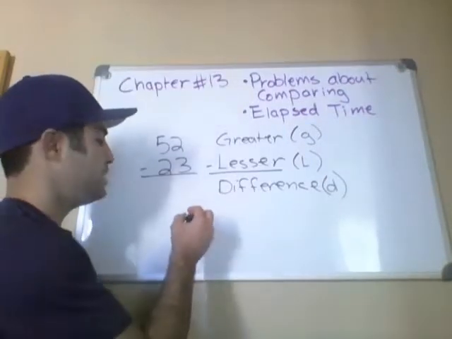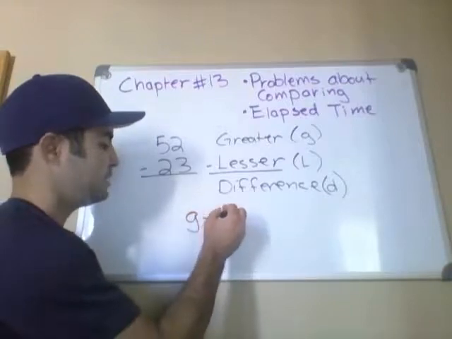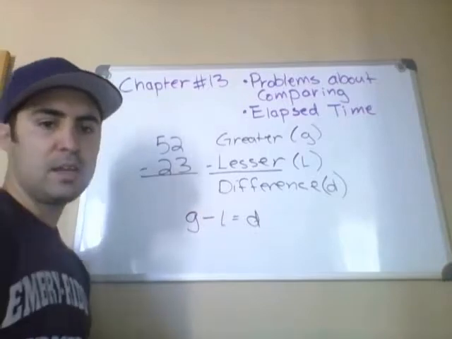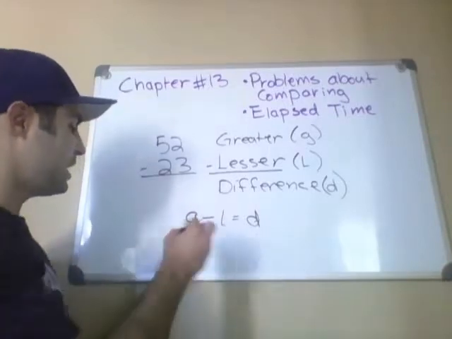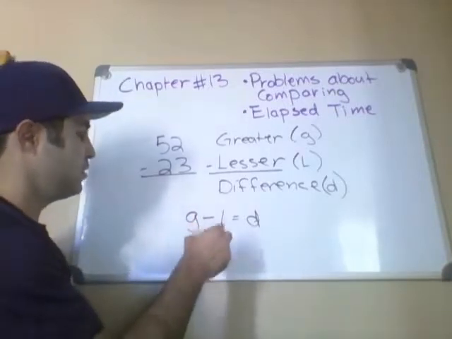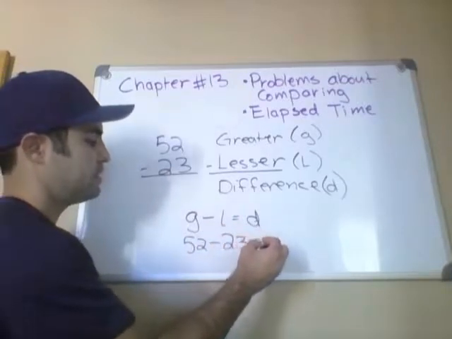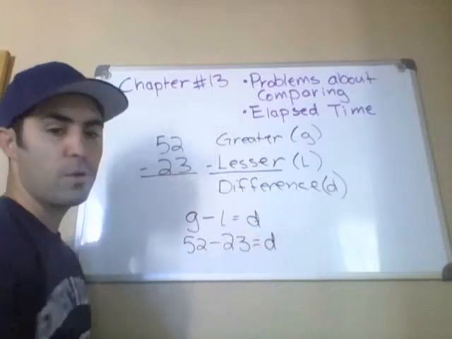Another way to write that would be G minus L equals D. Okay, so whatever the greater number is, that goes here, 52. Whatever the lesser number is, that goes there, 23. And that is going to equal your difference, or your answer.